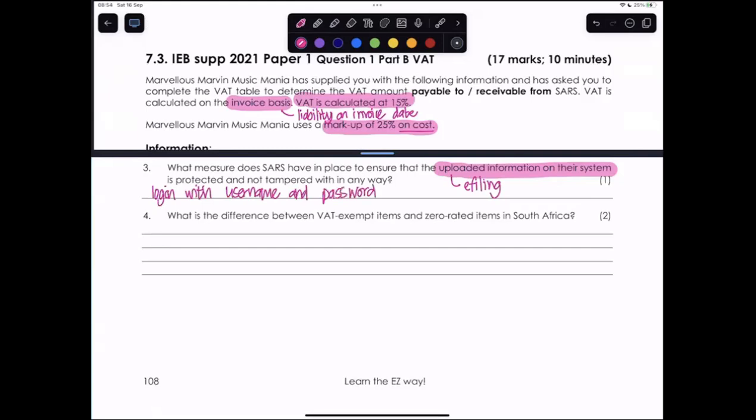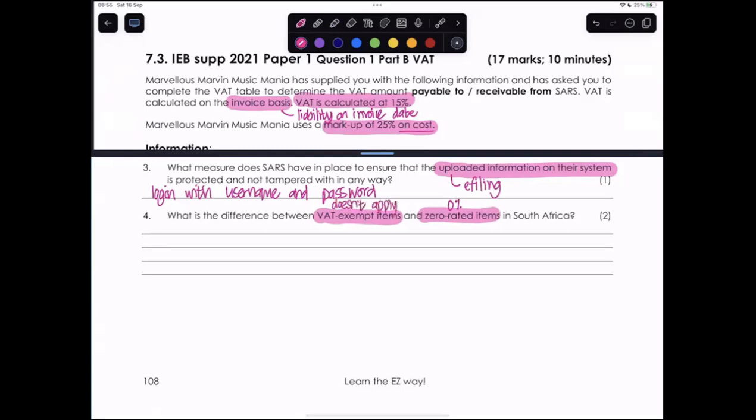What is the difference between VAT exempt items and zero rated items in South Africa? Zero rated simply means that VAT is levied at 0%, whereas VAT exempt means VAT doesn't actually apply at all.